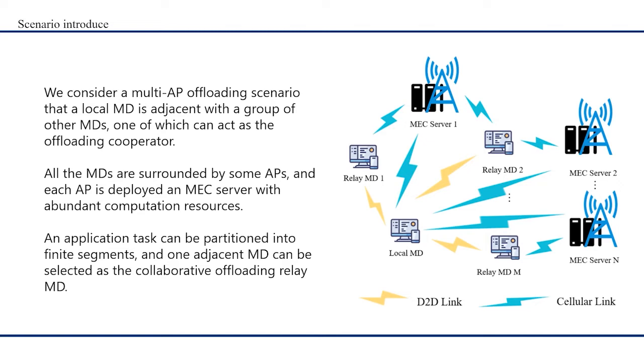So we can select a most energy efficient relay mobile device for cooperative offloading. Each segment of the task can be processed on the local mobile device, the relay mobile device, and the MEC server separately.